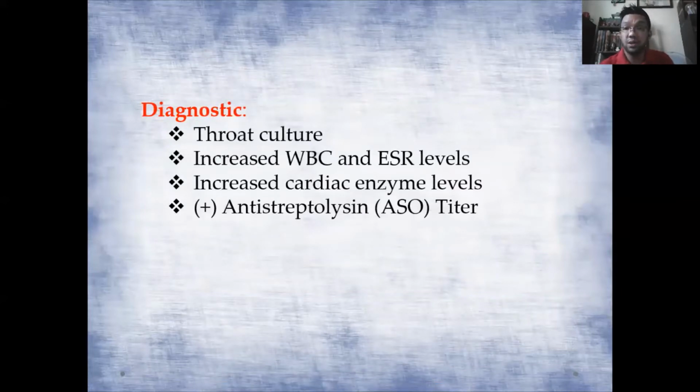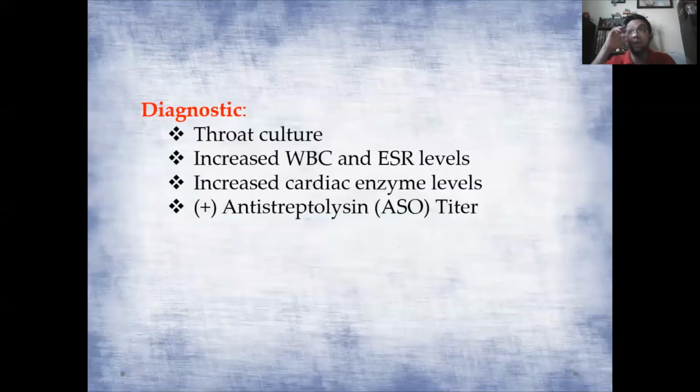So how do we diagnose this? Throat culture is done. They are going to take a swab of the secretions from the throat in order to determine the bacteria that is responsible for the disease. Increased WBCs and ESR levels will also indicate that an infection is occurring. And an increased cardiac enzyme level will also be seen in the patient.